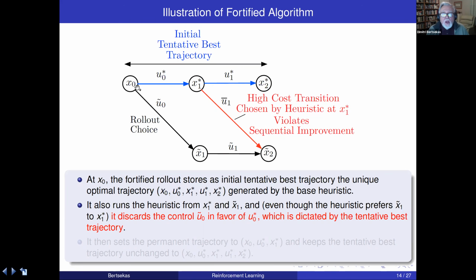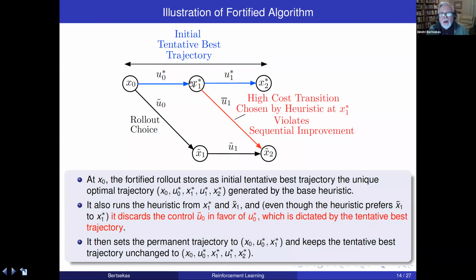And instead, we follow u0 star, and we keep the tentative best trajectory to what it was. So the problem of taking the wrong step here is corrected by checking and making sure that we do not generate a worse trajectory than the best one we had so far.